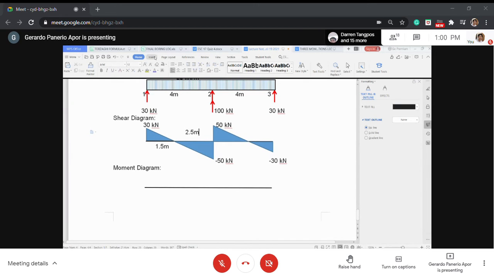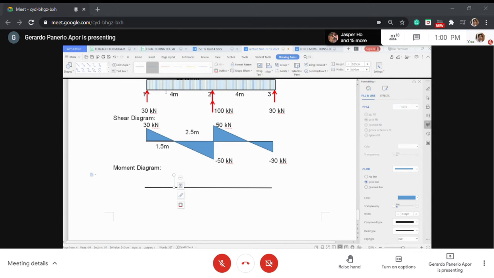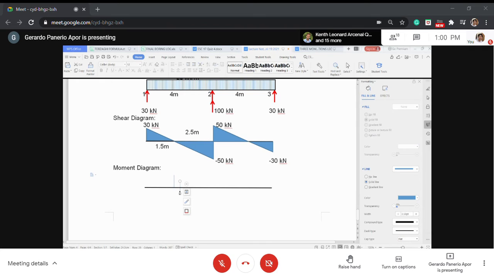So actually you can have a maximum moment here. You have a maximum moment here, and also somewhere here. Everywhere there's zero shear, there's maximum moment.